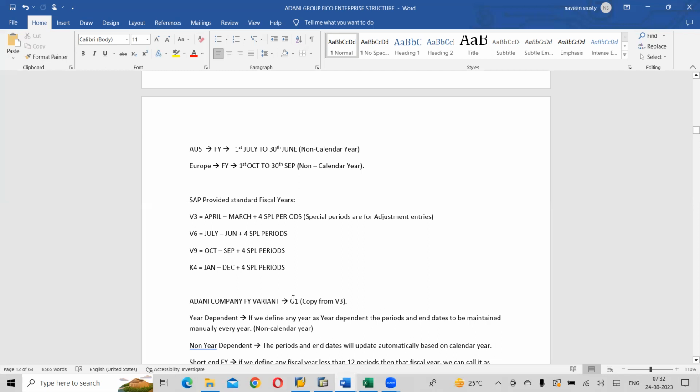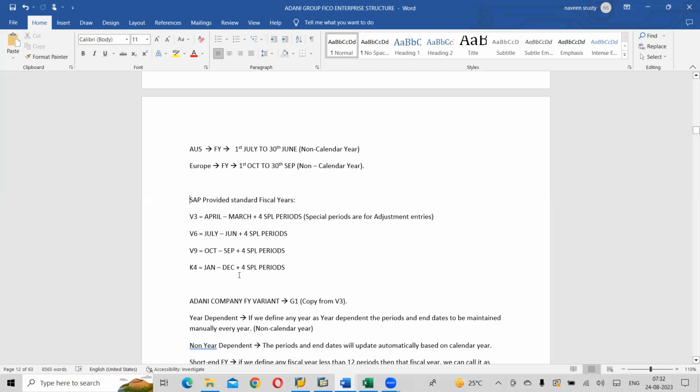Or a few companies directly take V3 as their fiscal year variant. There are two types. Few companies directly follow the standard SAP variant V3, or some want to rename V3 according to their company naming convention.